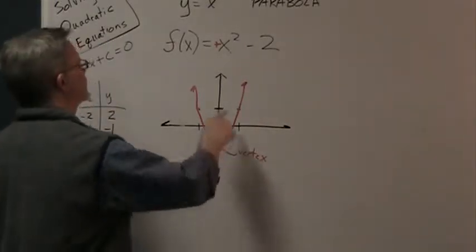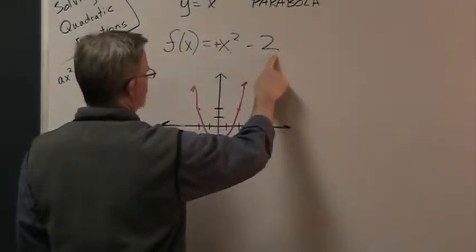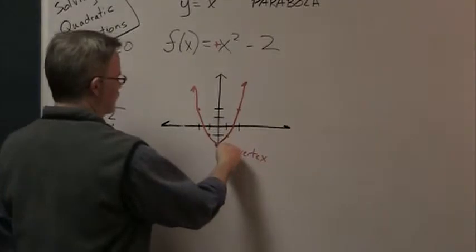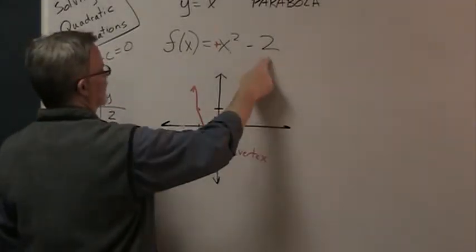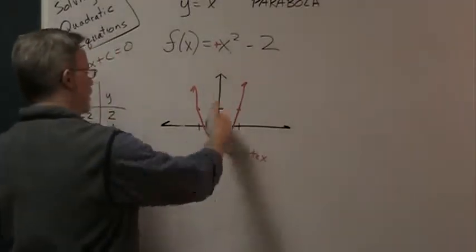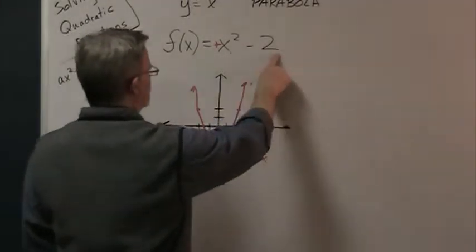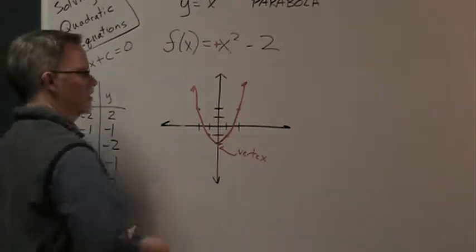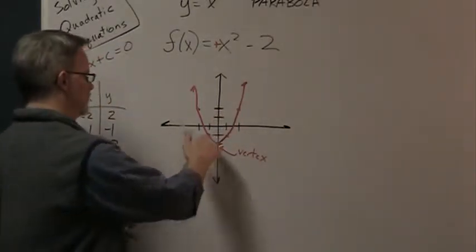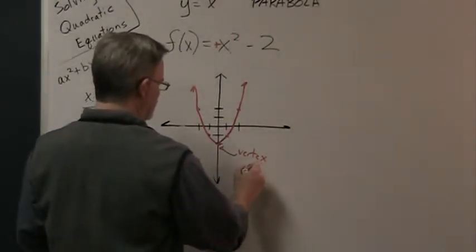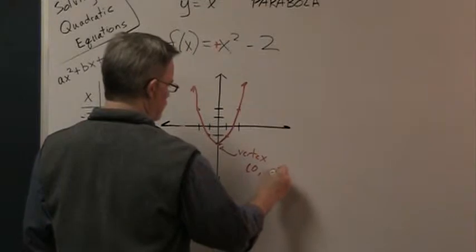In this case, the -2 simply tells you to shift the known graph down 2. There are different ways to manipulate the quadratic equation, shifting up and down. If you knew the exact position of the quadratic equation, you simply could have drawn it by moving it down to -2. The vertex is at (0, -2).